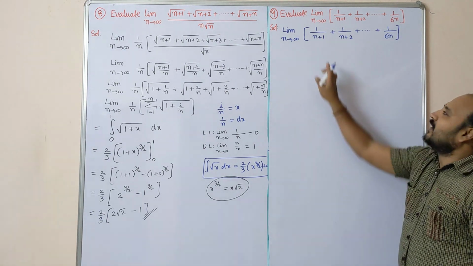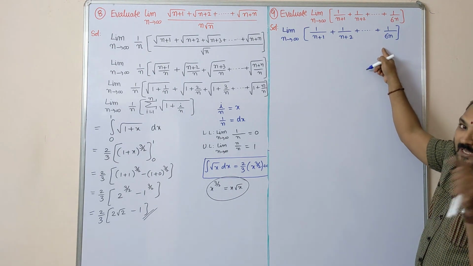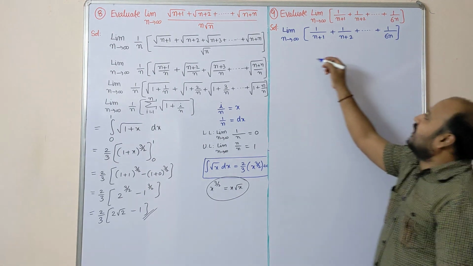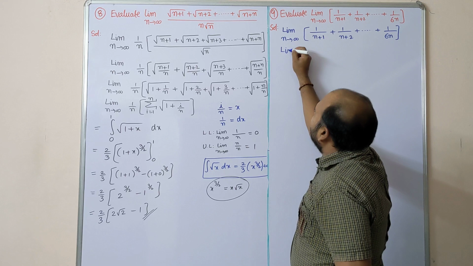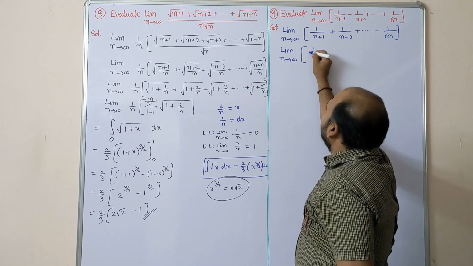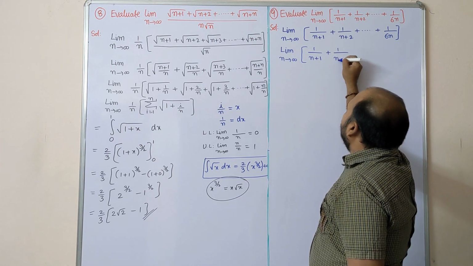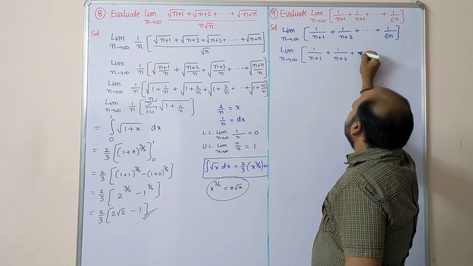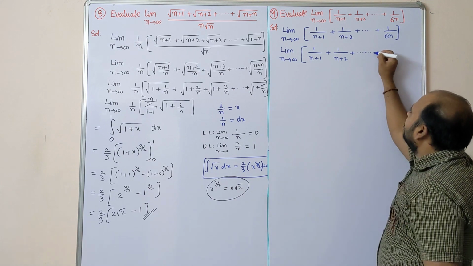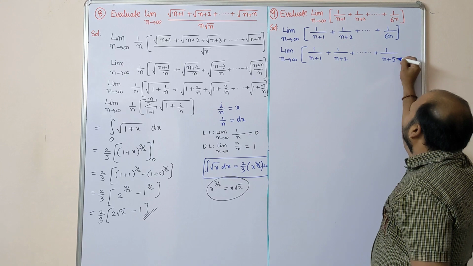According to this, n plus 1, n plus 2 and so on. 6n can be written in terms of n plus 5n. In the next step, limit n tends to infinity 1 by n plus 1 plus 1 by n plus 2 plus and so on 1 by n plus 5n.